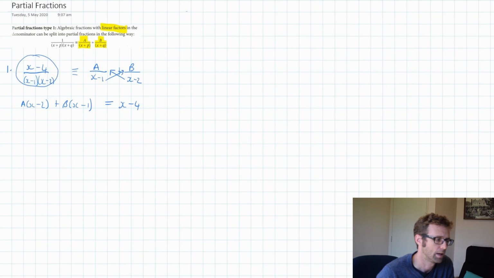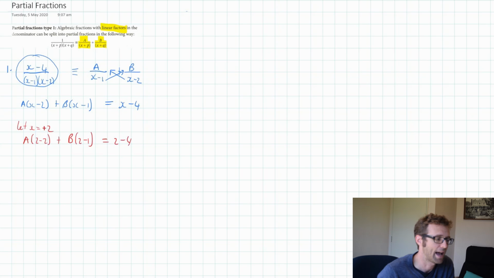So, what I now do is I let x take a few values. So I'm going to say let x equal 2. So if x is 2, I'll have a into 2 minus 2, which is 0, plus b into 2 minus 1 is equal to 2 minus 4.